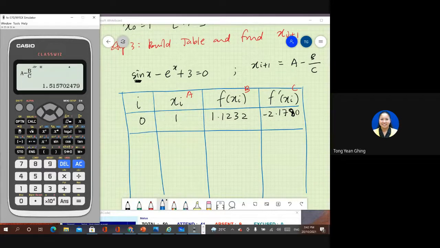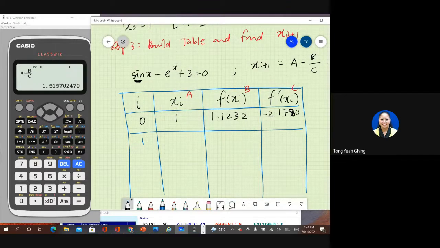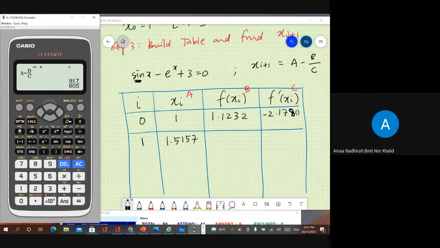So I get the next X is 1.5157. Oh yeah, sama, betul tak? Correct or not? Aina, do you get same with me? Yes.